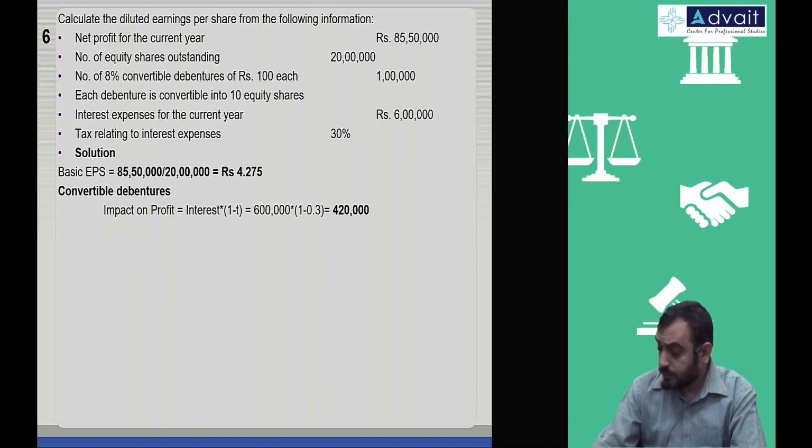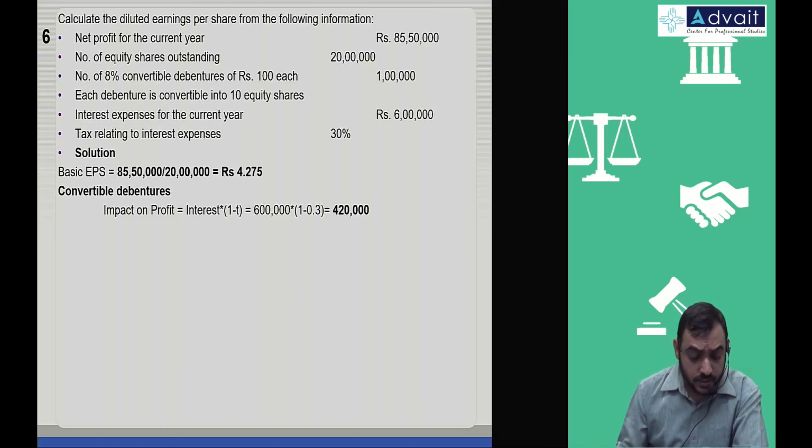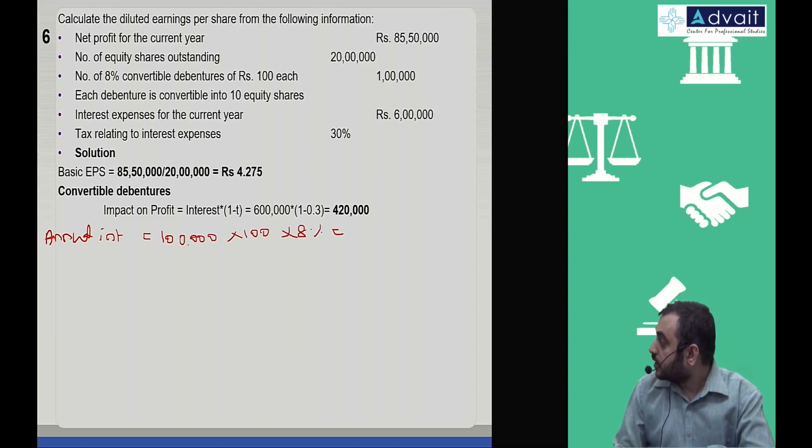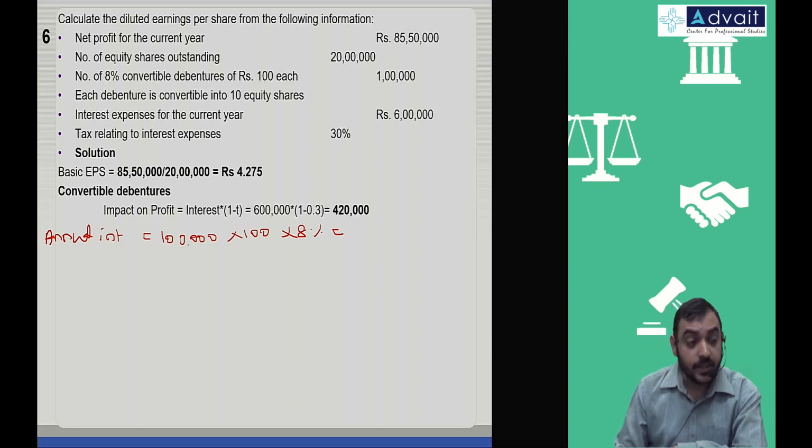Okay, this is the interest which is saved. But can you tell me one thing? What is supposed to be the interest expense ideally for the year? Annual interest? This is 1 lakh debentures of 100 each at the rate of 8%, that is supposed to be 8 lakhs.